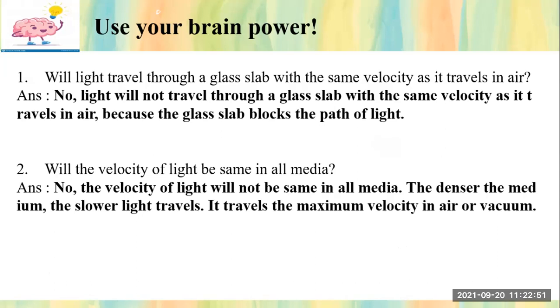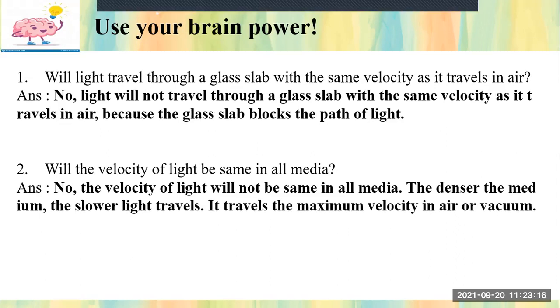So, students, know that light will not travel through a glass slab with the same velocity as it travels in air, because the glass slab blocks the path of the light, right? Light will not travel with the same velocity as it travels in the air, okay, when it is traveling in a glass slab.